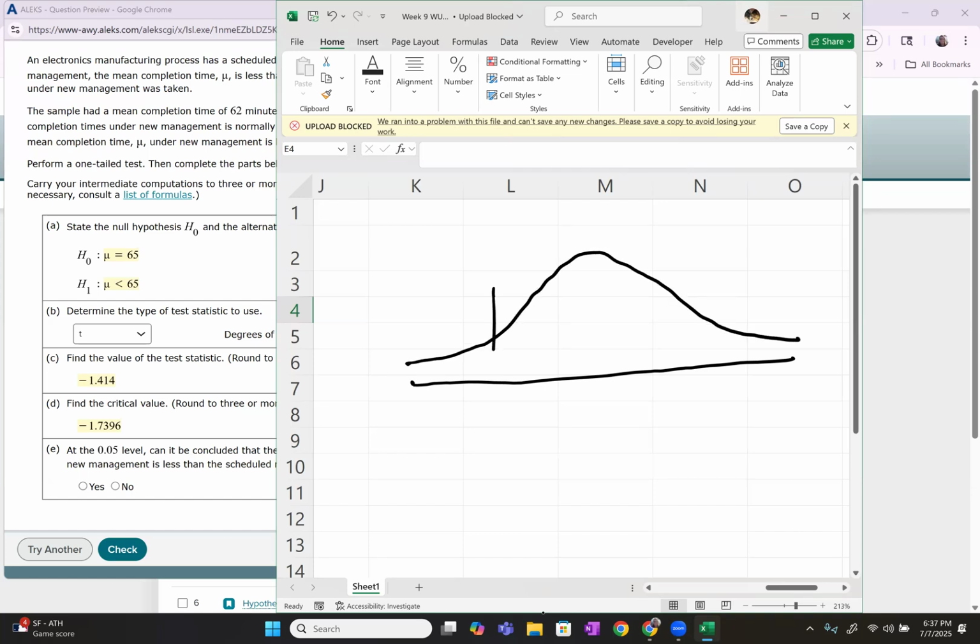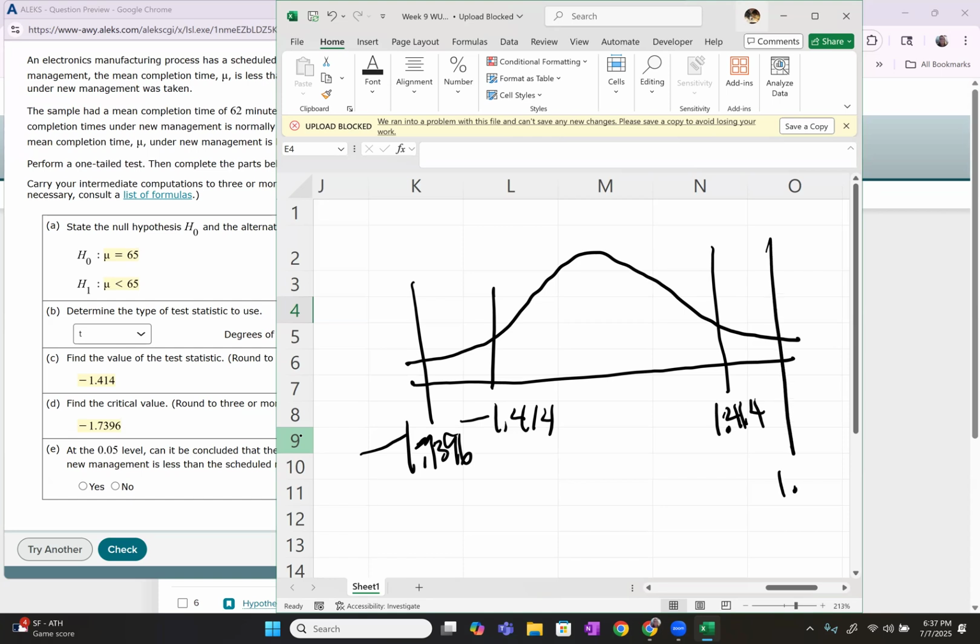We have a negative 1.414. Hypothetically, there is a positive 1.414. If I'm comparing it to 1.7396, this is going to be out here, negative 1.7396. Over here, this is the critical value, positive 1.7396.